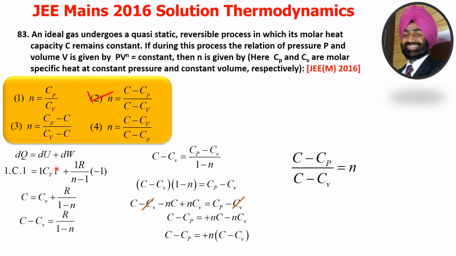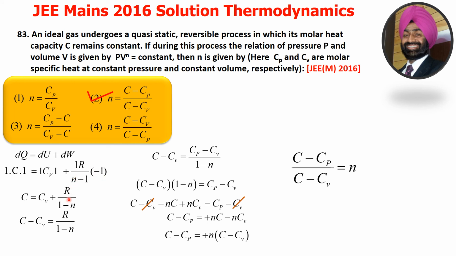Work done, we have taken the expression from the adiabatic process in which there was PV^gamma equal to constant. So you can write nR over gamma minus 1, that is N minus 1, into change in temperature. But here you had T1 minus T2 in fact, and this 1 stands for T2 minus T1. So T1 minus T2 has to be minus 1.